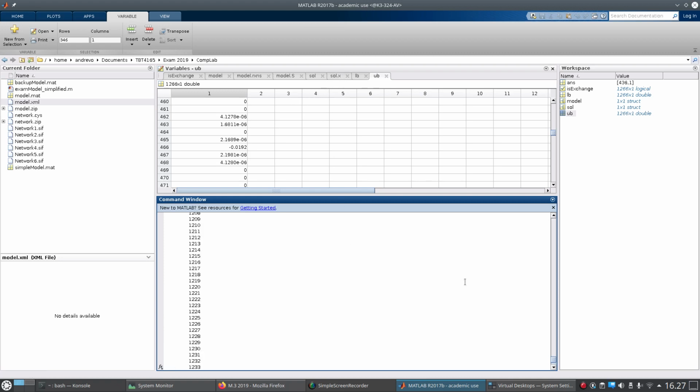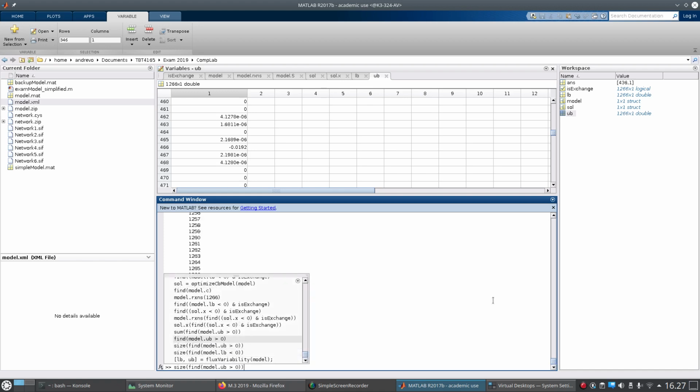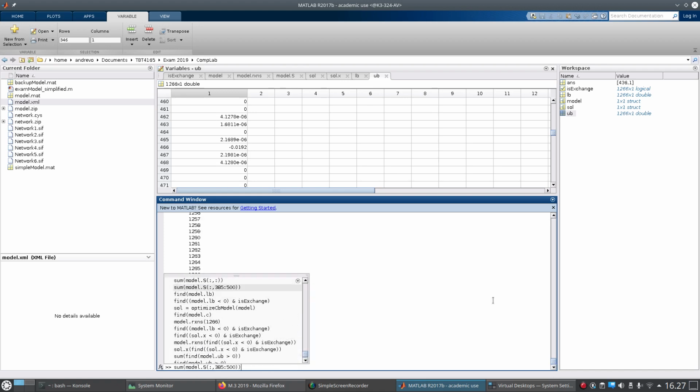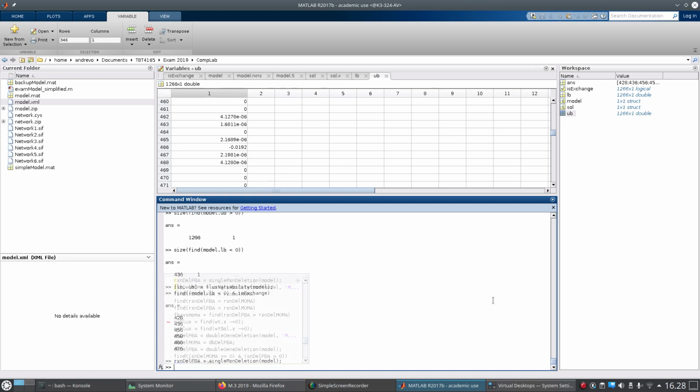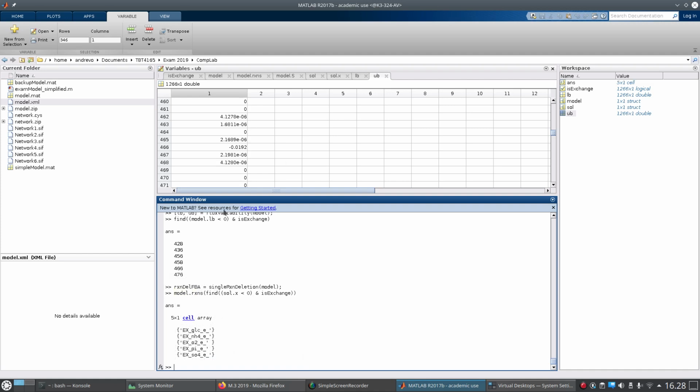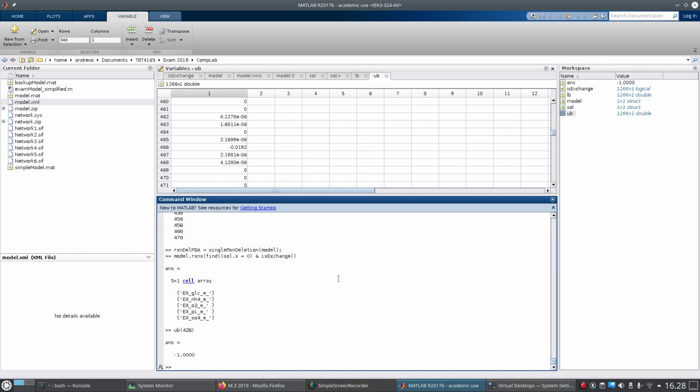If we look at model.reactions, and so 428, if we just do UB of 428, that's -1, right? So this is a reaction for which the FVA upper bound is negative, which you don't expect to see if you're just looking at the model bounds, but when you look at FVA bounds, then it's quite plausible for individual reactions to have negative upper bounds.